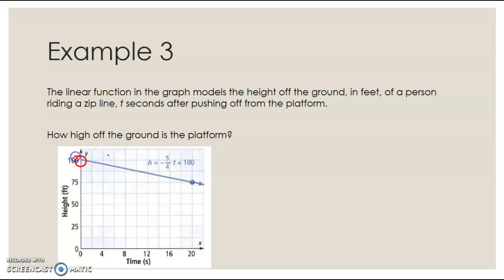Right, so if I look at the graph where x is 0, y is 100, and so we are 100 feet off the ground. But I can also look at my equation and I can see it right there. But that's how simple that initial, how high off the ground is the platform? Oh, it's 100 feet off the ground. That's where we start before we go down the zip line.